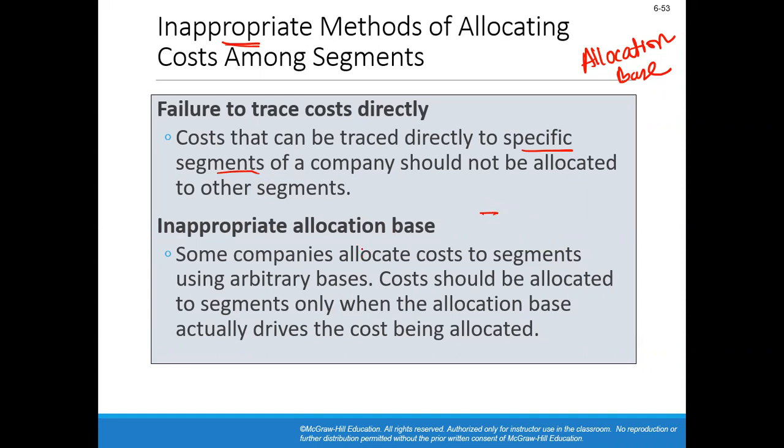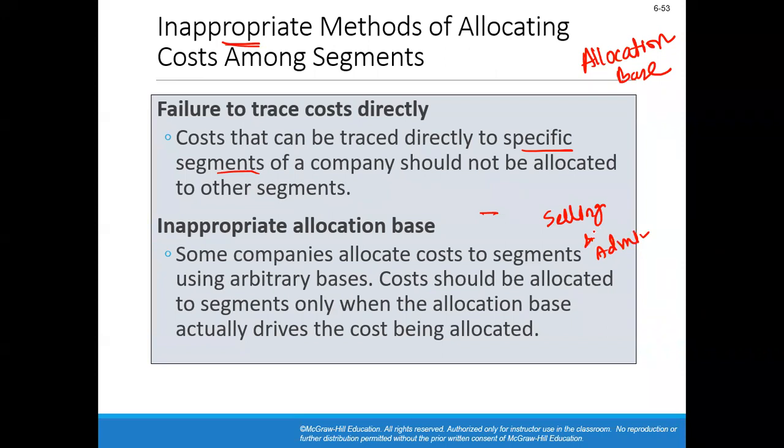So in terms of an inappropriate allocation base, what might be the problem here? Say, for example, companies incur some selling and administrative expenses.